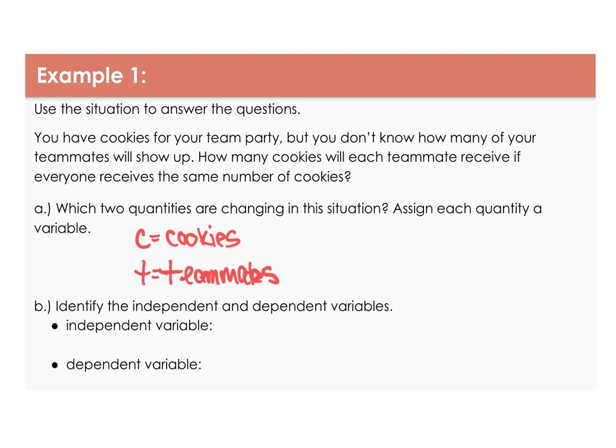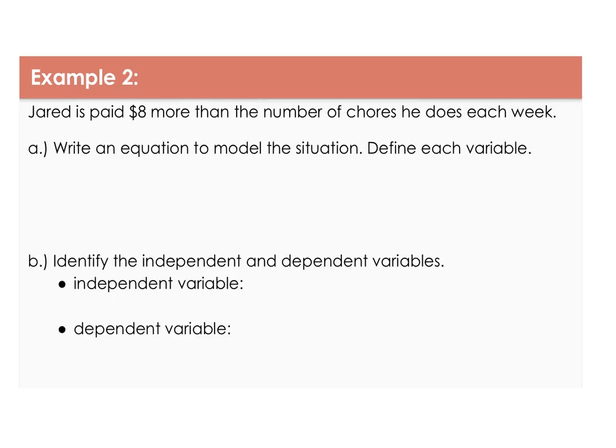The independent variable, the amount of people that show up, or our teammates, would be the independent variable. Now, how many cookies each person receives is the dependent variable because it depends on how many teammates show up.